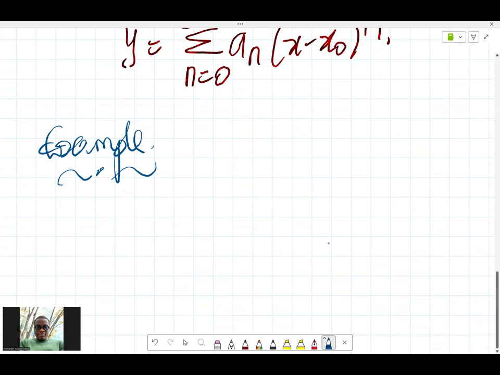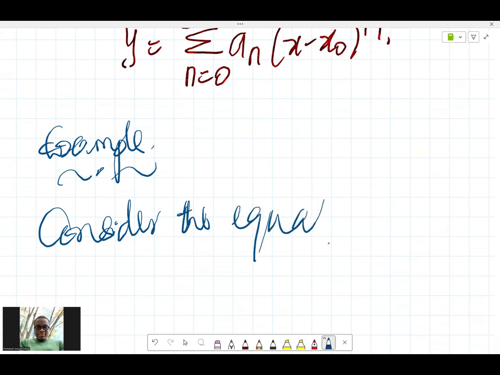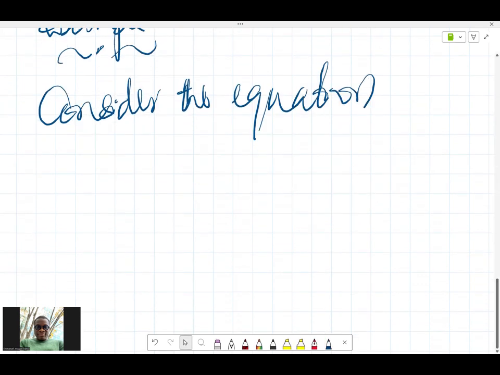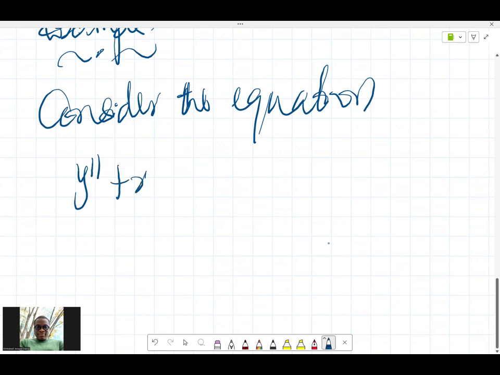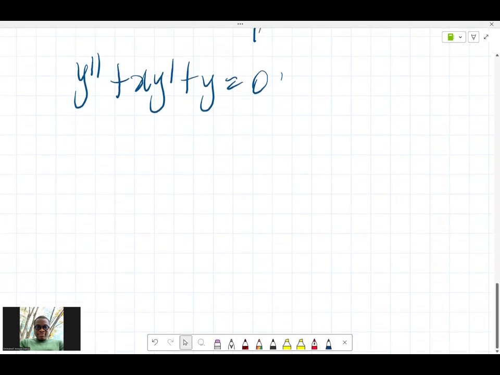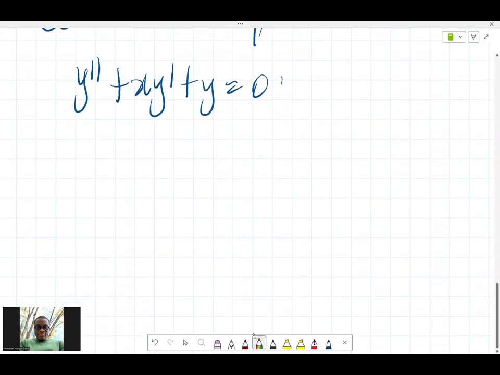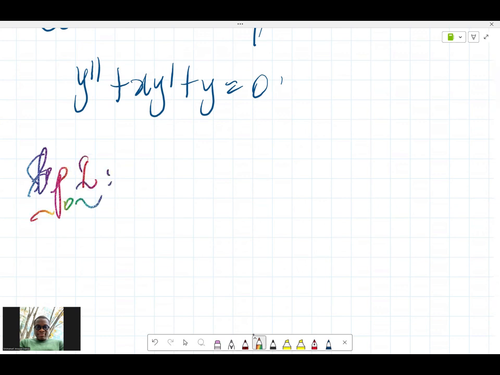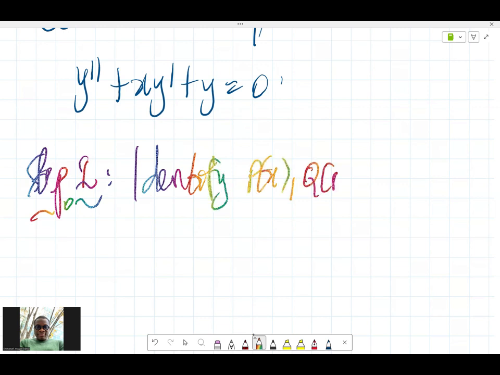Example: consider the equation y prime prime plus x y prime plus y equals 0. Clearly, if you want to tackle this, step one is to identify p of x, q of x, and r of x.